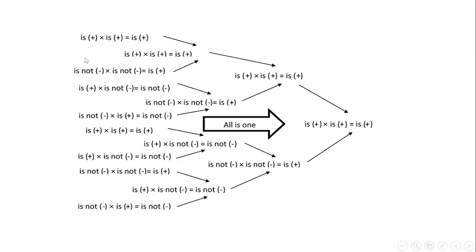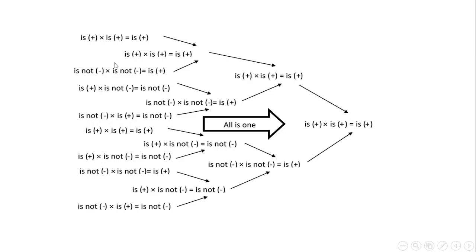For example, consider is multiplied by is equals is. This means that, for example, when you say it is the case that he is yellow, it means that he is yellow. So these two is made another is.